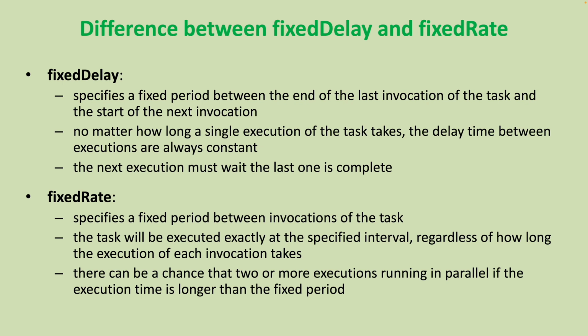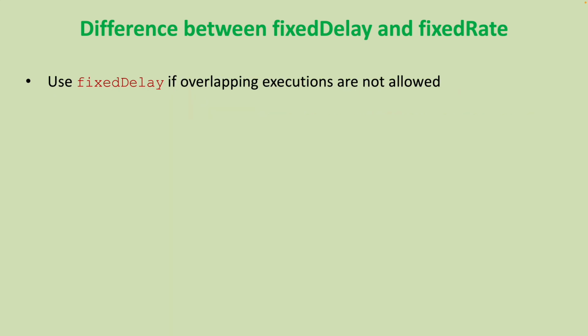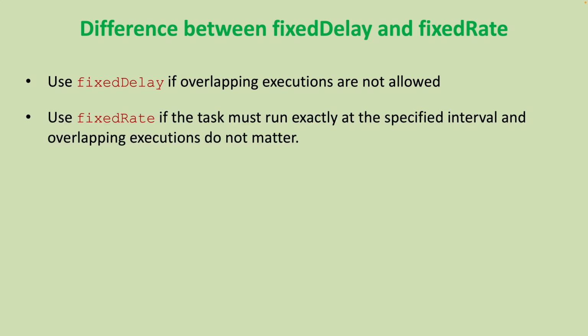There can be a chance that two or more executions run in parallel if the execution time is longer than the fixed period. So that means you can use the fixedDelay attribute if overlapping executions are not allowed, and use fixedRate if the task must run exactly at a specified interval and overlapping executions do not matter.